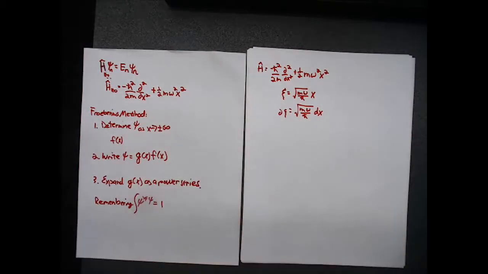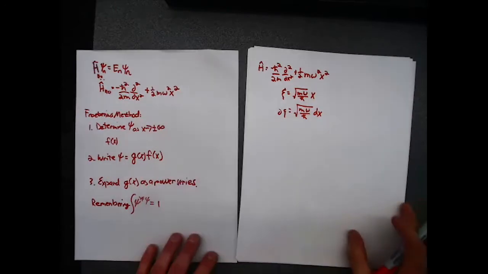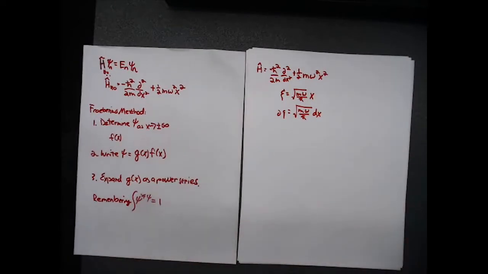Okay. So we can use this change of variable to rewrite our harmonic oscillator Hamiltonian, and let's go ahead and do that.